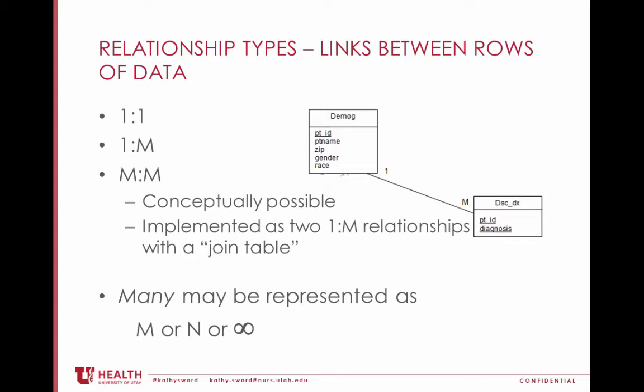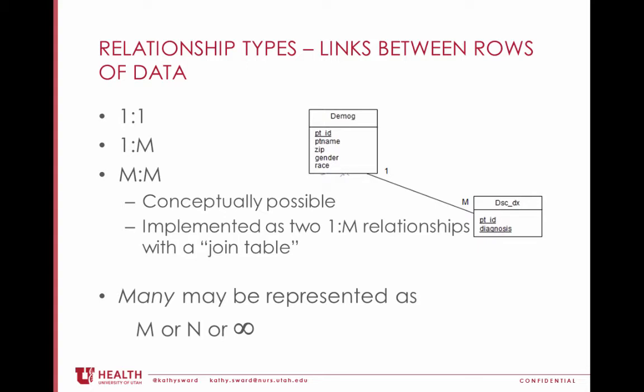A really common relationship type is one-to-many, where you have one row of data in one table, like our demographics table, and that person might have multiple rows of data in another table, like our discharge diagnosis.